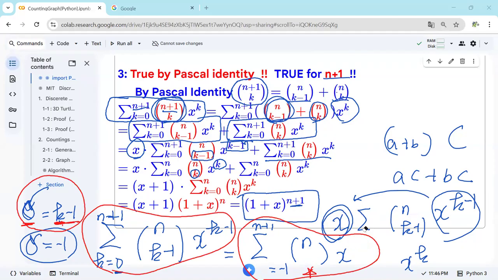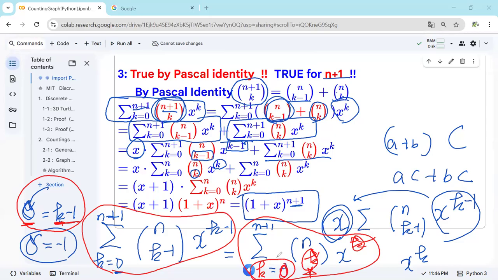In this case, you must not be confused with this one. But this apple, they are all the same. So let this be k, and this is k, and this is k, because you may use apple or star or any variable. But this k minus 1 is not meaningful, because this one must always start with 0.